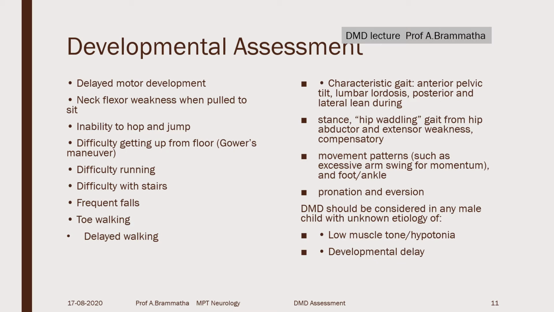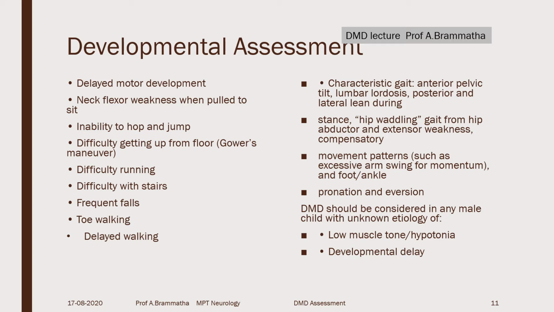And characteristic gait, in the early stage when child is ambulatory, there will be more of an anterior pelvic tilt, lumbar lordotic gait classically seen, and there could be some kind of lean during walking, or because of the bilateral gluteus medius weakness, there could be waddling gait, even Trendelenburg sign you can see.